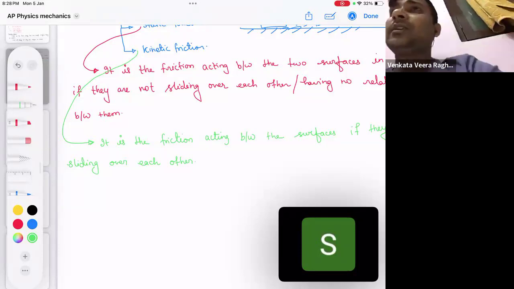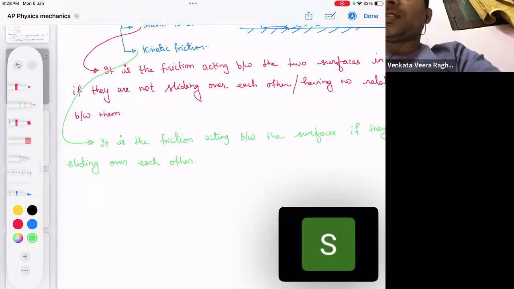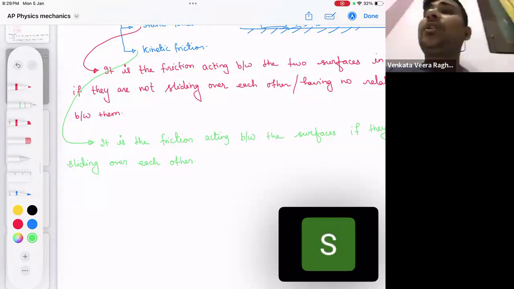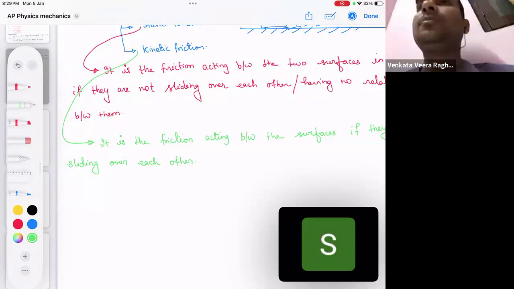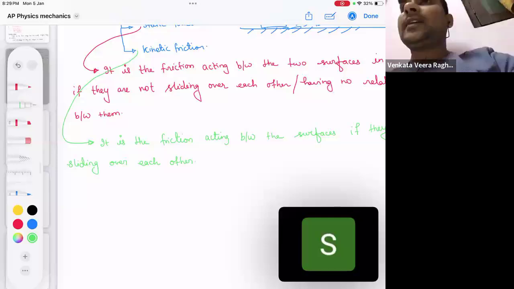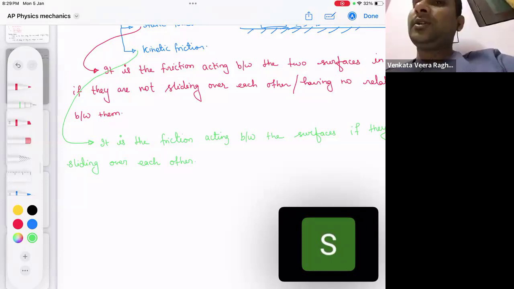Adjustable means what? Static friction will only act as much as the requirement is there. Let's say I want only 10 Newton of static friction to keep the book at rest. So only 10 Newton of static friction will act. If I want 30 Newton of static friction to keep the block at rest, only 30 Newton will act.